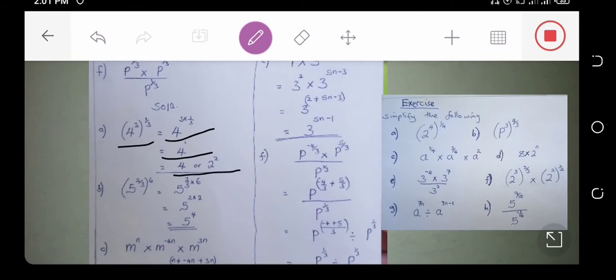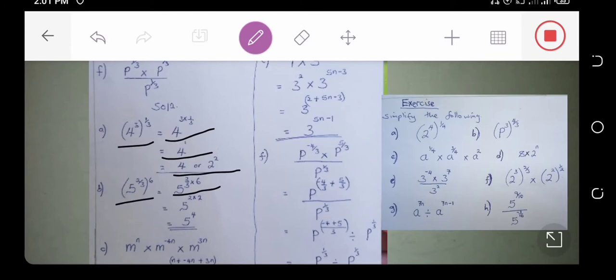Then after that we come to the second example, which is B. B is similar to A, and it is given as 5 to power 2 over 3, with still another power outside the bracket, which is 6. So the way we have worked out A is the way we work out B. We open the brackets, and the power 2 over 3 will multiply the power outside, which is 6.